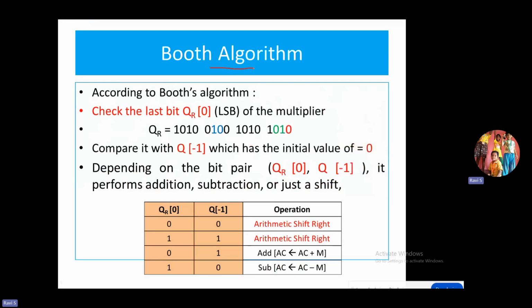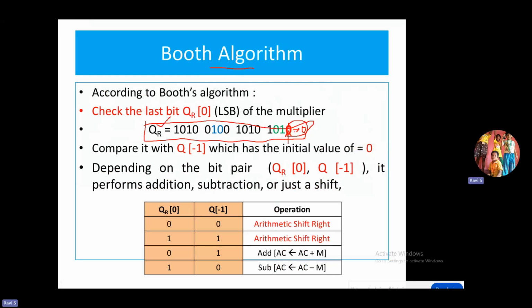How Booth algorithm performs the multiplication: we consider only the multiplier. In the multiplier, we take the current LSB and check it. If the current LSB value is 0, because we don't have any previous LSB, we assume it is 0, and we consider a pair of bits in the multiplier.